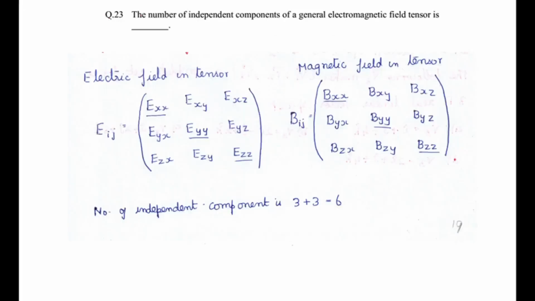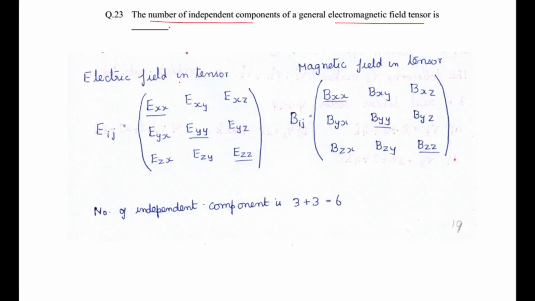Question. The number of independent components of a general electric field tensor is dash. In this question they have asked us to find how many independent components are there in an electric field tensor.